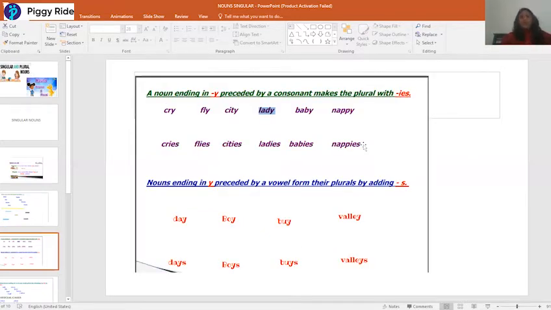Now, very important again, a noun ending in Y preceded by a consonant makes the plural with IES. So when you see that a noun is ending with a consonant Y, we change it into the plural form just by adding IES.